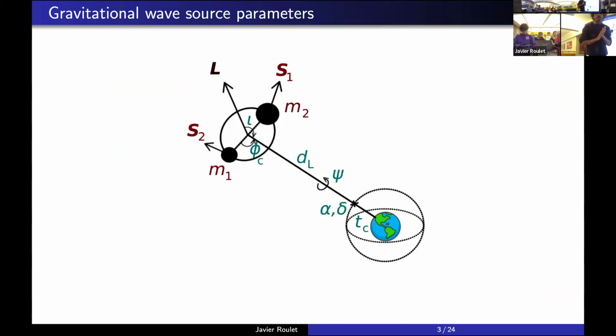So what are these parameters of a binary system? It's not that many. It's two masses for the two objects. Imagine they are black holes. Each one has a spin, so that's three spin components. And then there's a bunch of extrinsic parameters, such as a lot of angles describing the orientation of the system relative to Earth, as well as the distance and the time of arrival.